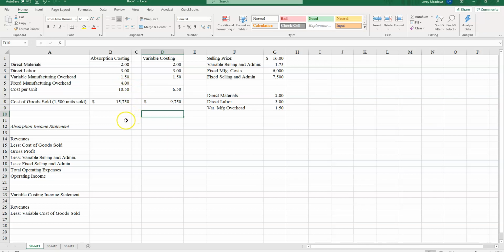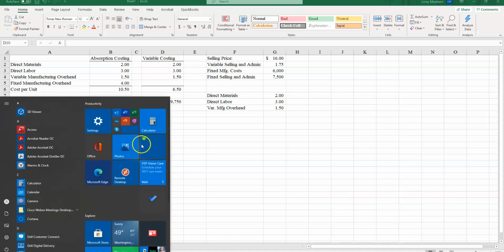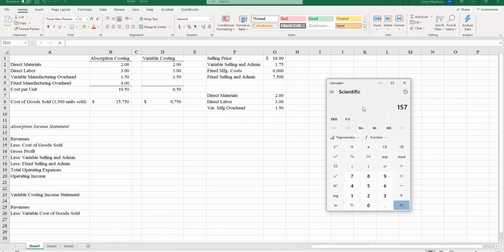And here's how we can see that. See the difference in cost of goods sold between absorption and variable costing? What is that difference here? Well, if I compute that difference, 15,750 minus 9,750, my difference in cost of goods sold between the two methods, which we'll also see a little bit later on, is exactly going to be the fixed manufacturing cost.